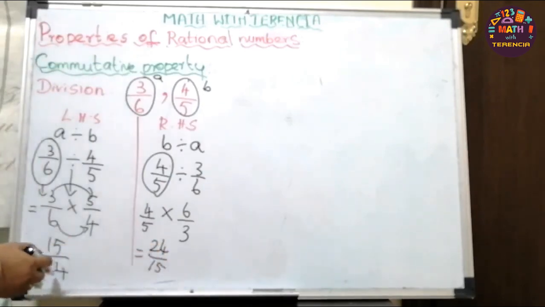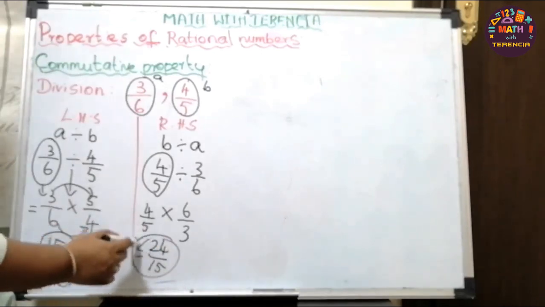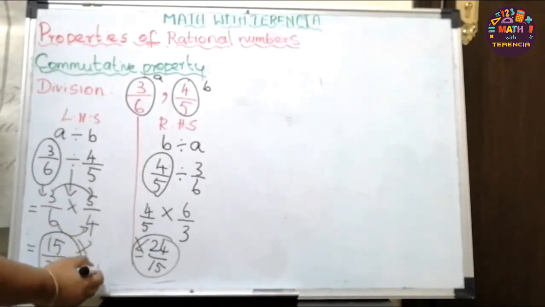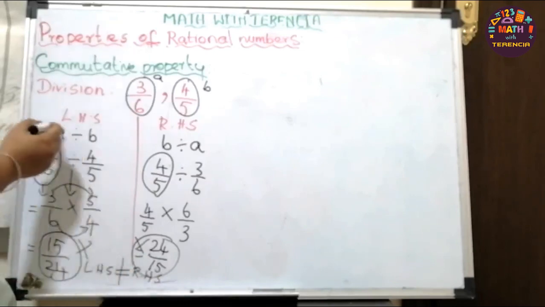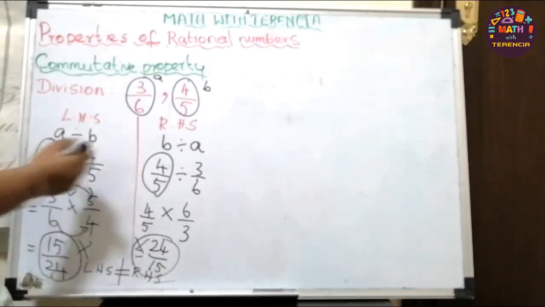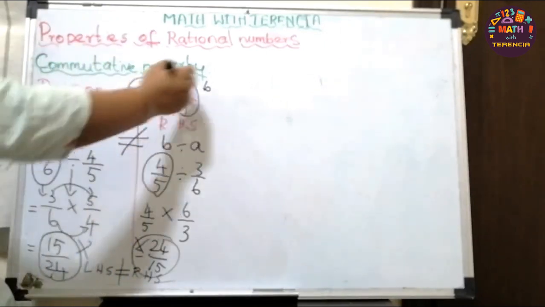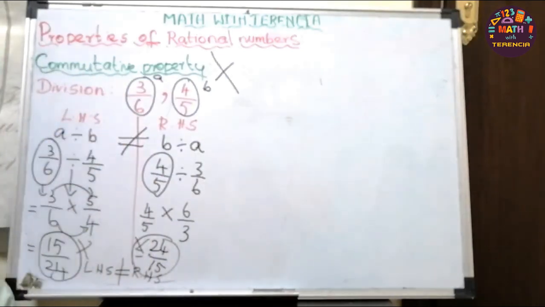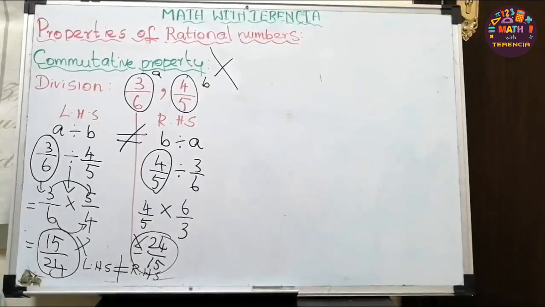Both the numbers are the same, but the fraction is not the same. Both are different. My LHS is not equal to RHS. That is, A divided by B is not equal to B divided by A. So commutative property is not true for division of rational numbers.